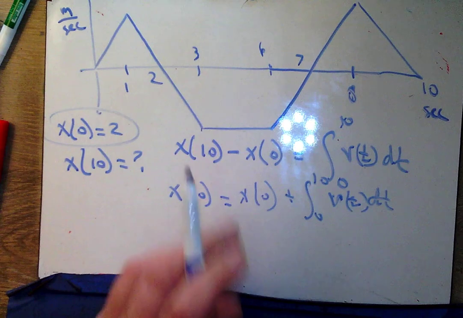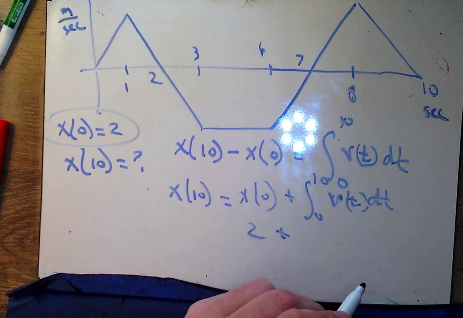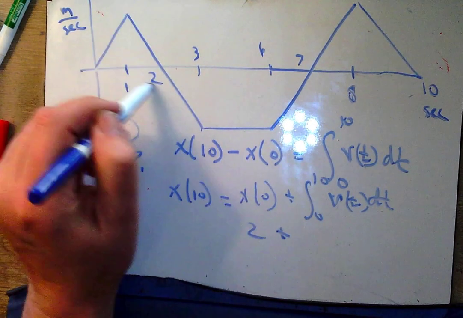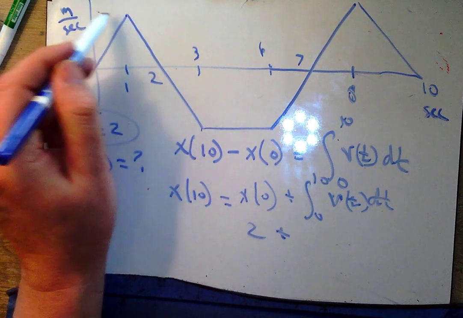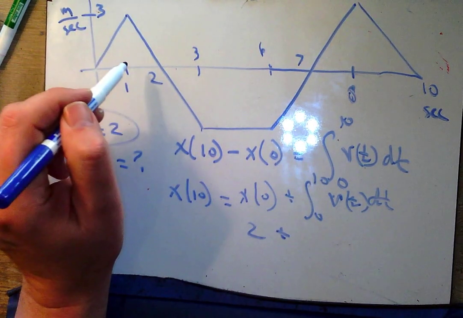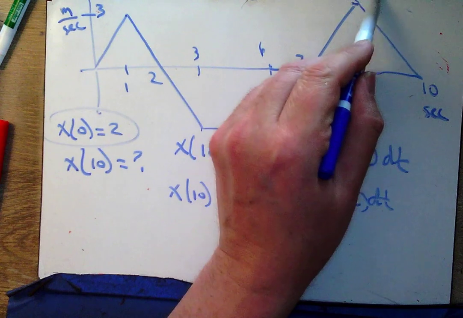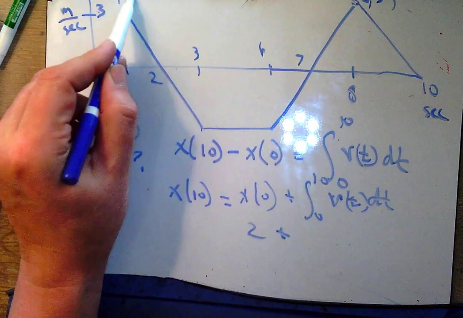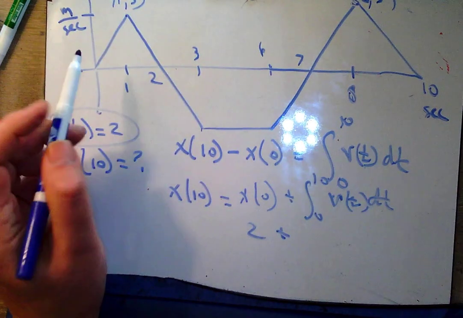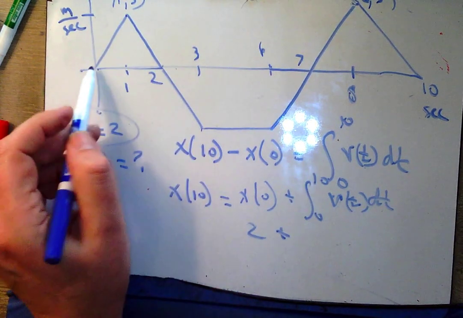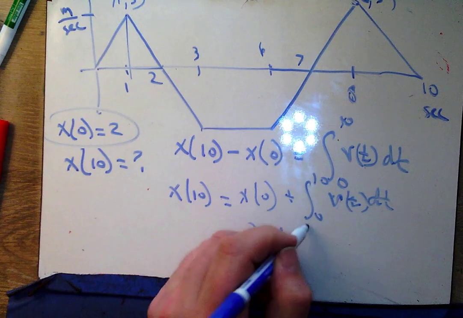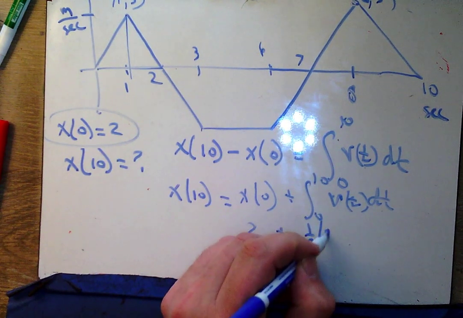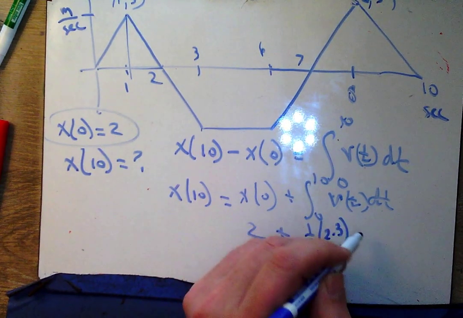2 goes in here. Now what about this integral? Well, this is a triangle. The height of this triangle is 3. Same thing over here, 3. Okay. And so we know the base is 2 and the height is 3. We're going to have 1/2 times 2 times 3, plus.